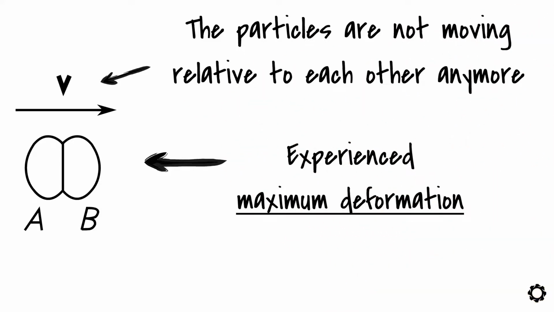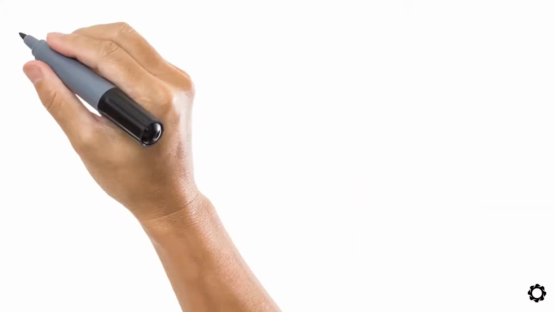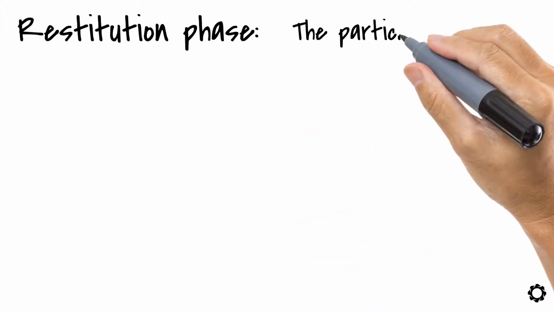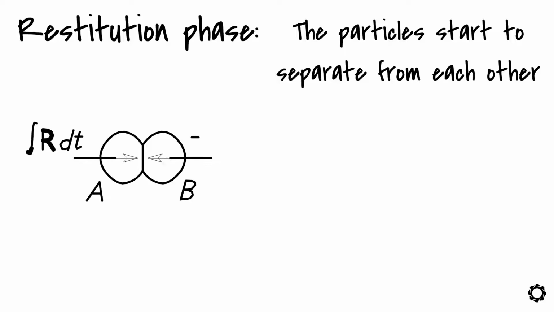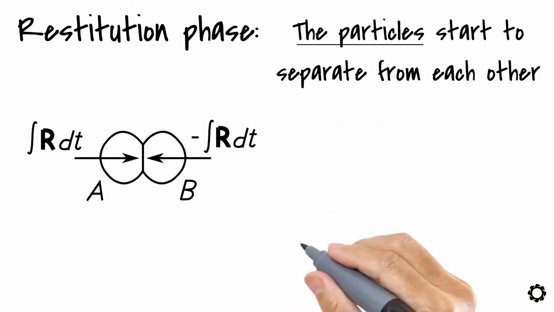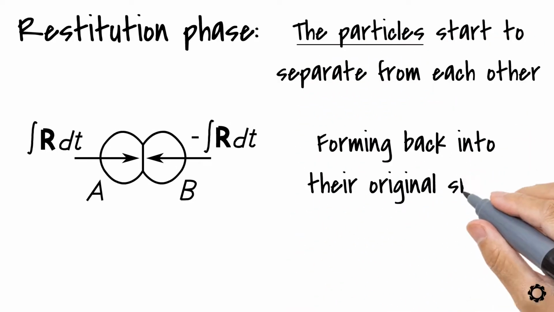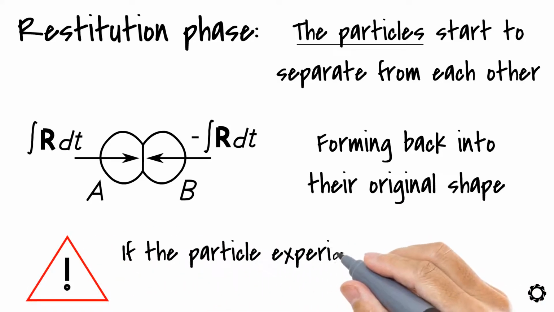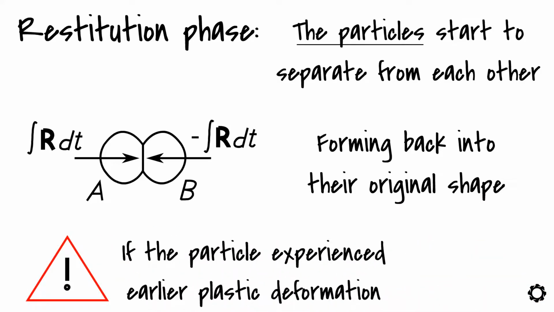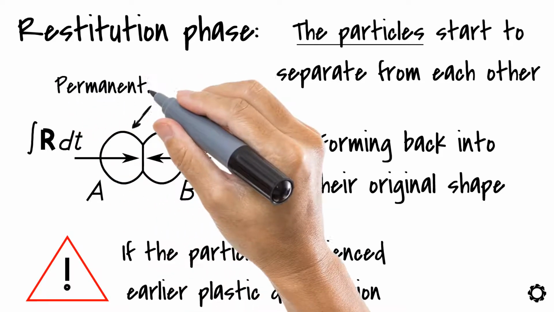In the following restitution phase, when the particles start to separate from each other by the opposite but equal restitution impulse, the particles will begin forming back into their original shape. Note, however, that if the particle experienced earlier plastic deformation, the particle would remain permanently deformed.